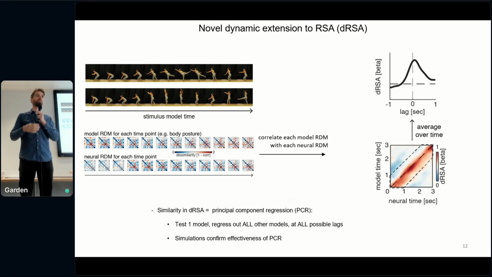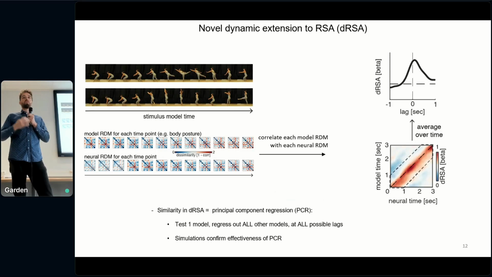Also, as you already said, you can look at many different things, pixel-wise similarity, body posture. And these are all correlated with each other. And they're also correlated over time, of course, because the models are changing slower than your neural data or your sampling rate. So instead of a correlation, it's actually better to use a regression.